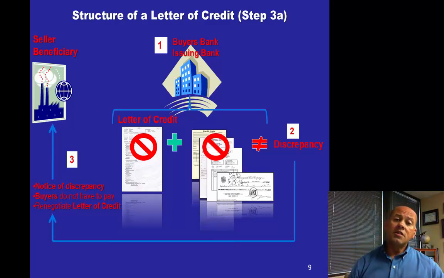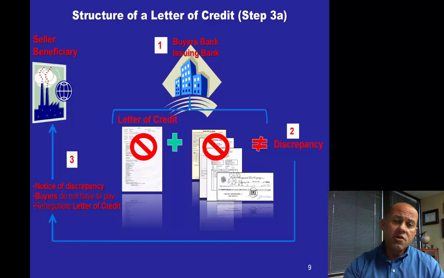Now, not all letters of credit are compliant. You might have what we call discrepancies. In other words, maybe the ship dates weren't right. Shipments were delivered late. The goods didn't make that sailing. Certain inspection certificates weren't presented. So you might have a situation where the seller submits documentation to the buyer, but those documents weren't compliant with the original set of instructions.